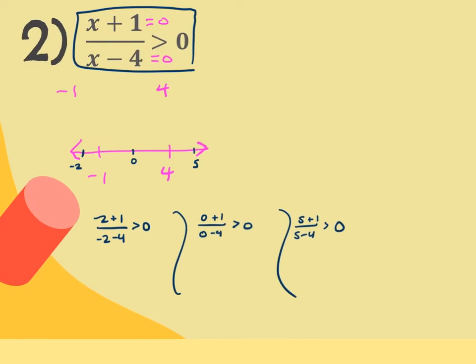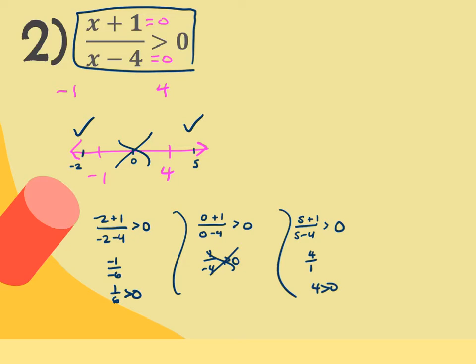The first one, I get -1 over -6, which is 1/6. That is greater than 0. The second one, I get 1 over -4. That is not greater than 0. The last one, I get 4 over 1. That is greater than 0.